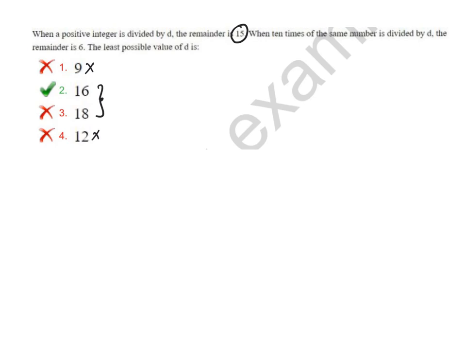So if a number becomes 10 times, then the remainder also becomes 10 times, that is 150, but you are dividing it by d so that it gives you 6. Now let's see whether when you divide it by 16 it can give you remainder 6 or not. Yes, 150 when divided by 16 gives you remainder 6. 18 also satisfies, but unfortunately he is asking you the least possible value of d. So that is obviously 16.